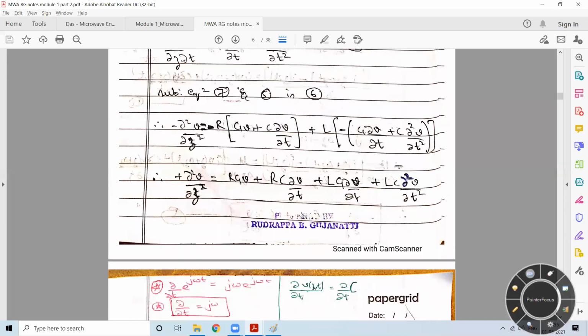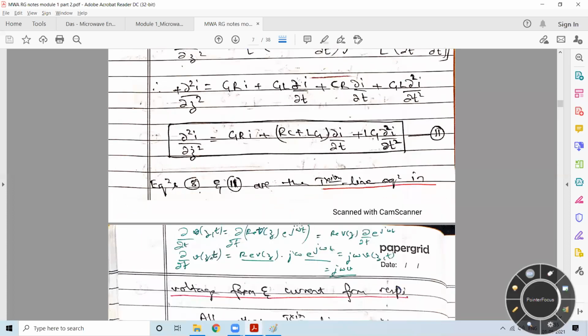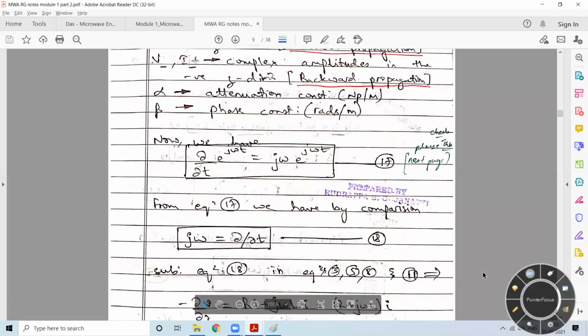So that is, we are making utilization of that, and then we are replacing these equations. So when we do that, we end up with these equations.